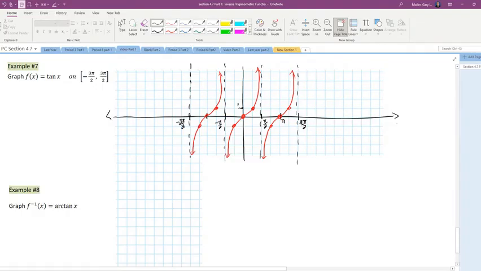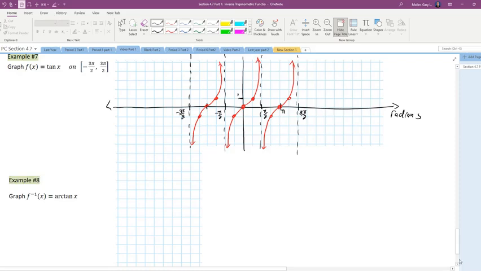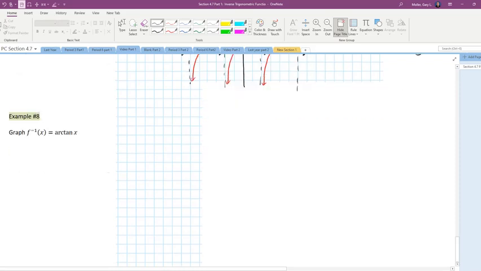So now what we're going to do is flip all of those x and y's. And again, this is in radians. And then this is a ratio, so this is a number. And so when we flip that, now the horizontal is my ratio, and my vertical is my angles, is my radians.